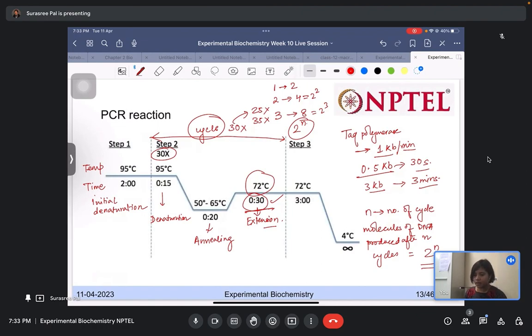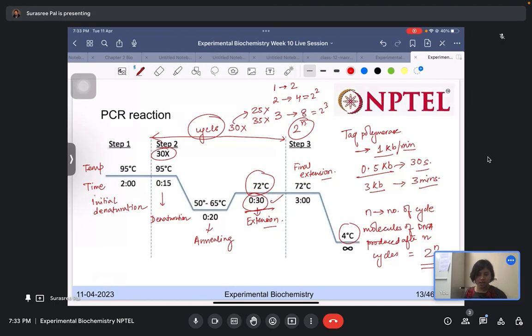So this is carried out in cycles, and then finally the last step will be final elongation or final extension step, after which the temperature will be brought down to 4 degrees centigrade, and the PCR reaction can be stored or kept at 4 degrees centigrade for hold. So that is the end of the reaction.